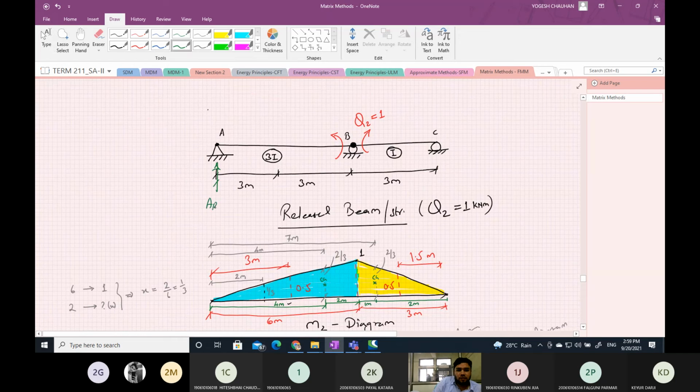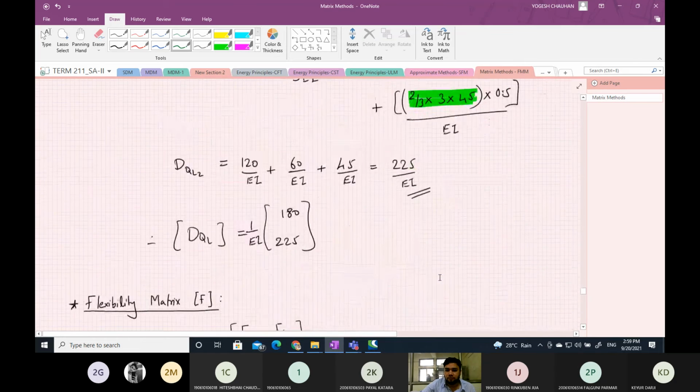Okay, same way in this diagram, this will be ARQ12, this will be ARQ22, this will be ARQ32. Okay, so let us find all these reactions.